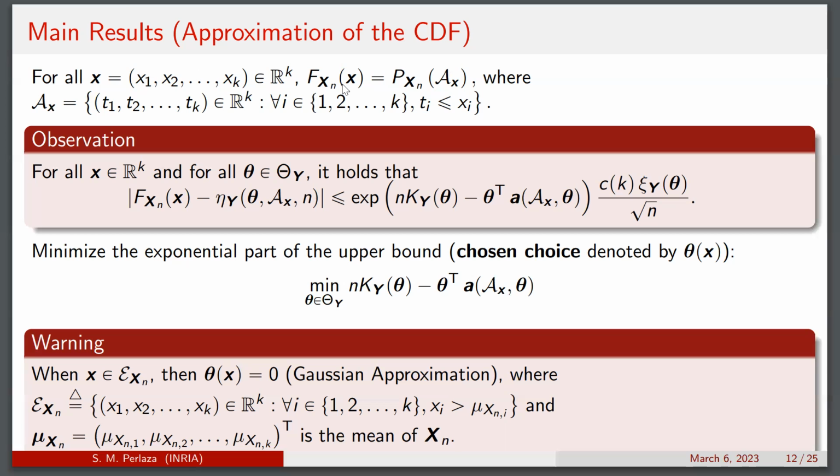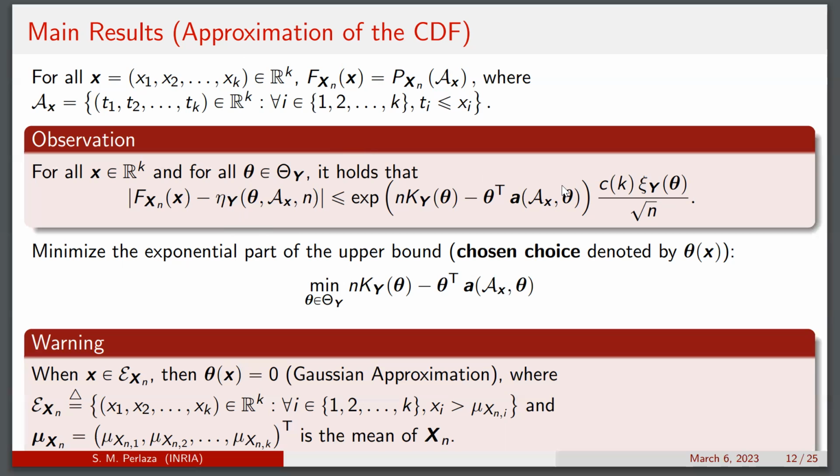Then there is this equality between the CDF at x and the value of the measure. For free, we get a result that tells us that we can approximate Fxn by our eta that we have found already, and the upper bound remains the same.